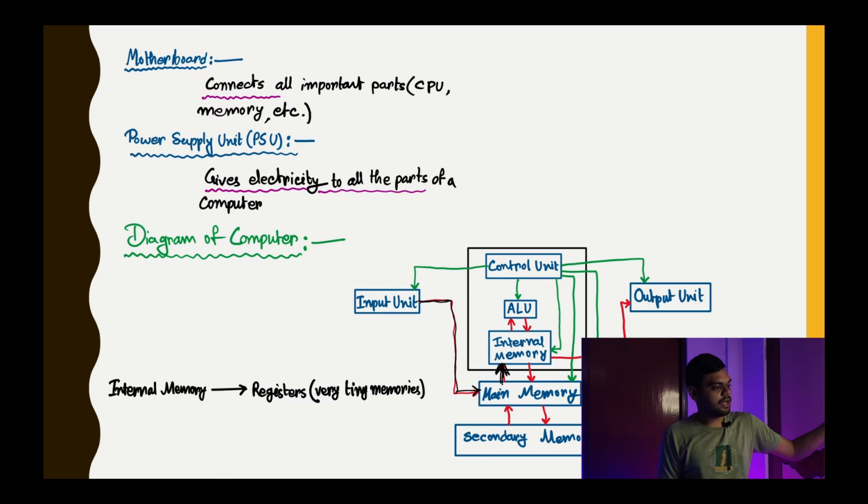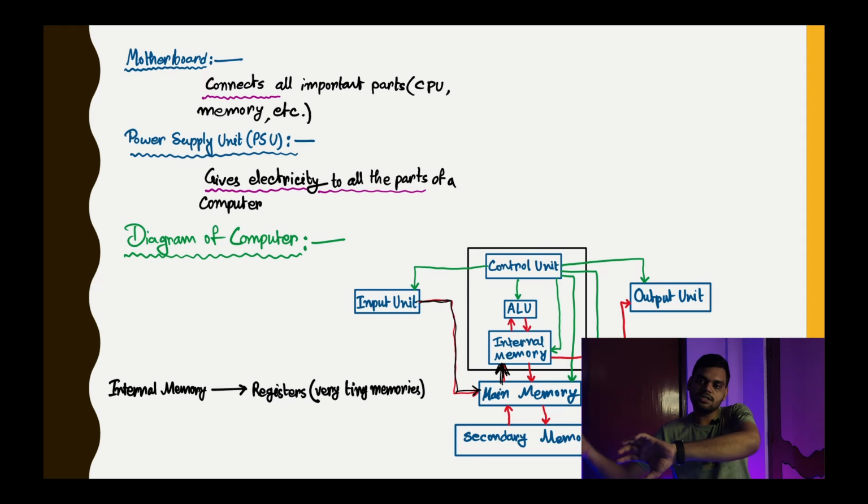The data will come, the main memory is full, so it goes into the main memory, and from the main memory it goes to the secondary memory. You get it? So when the CPU tries to access the data, it needs to ask the main memory, and the main memory will ask the secondary memory, and the secondary memory will give the data to the main memory, and the main memory will give the data to the CPU, and the CPU will store the data in its memory registers.